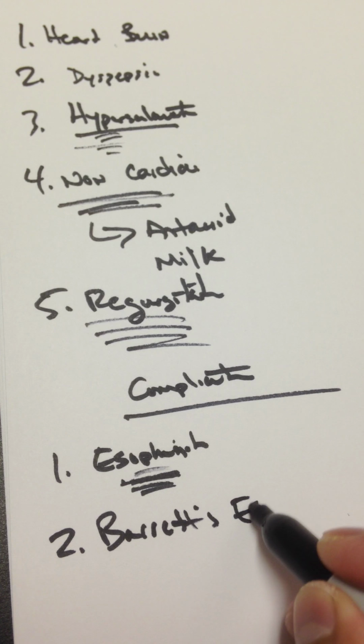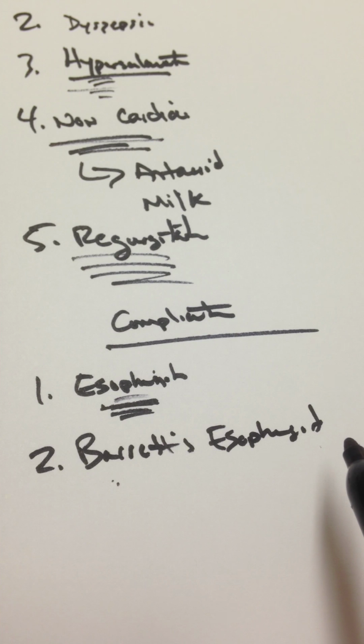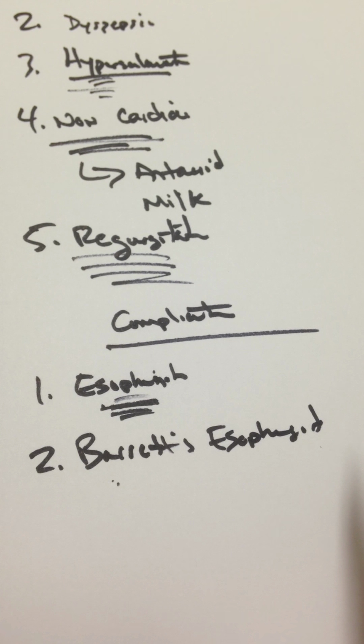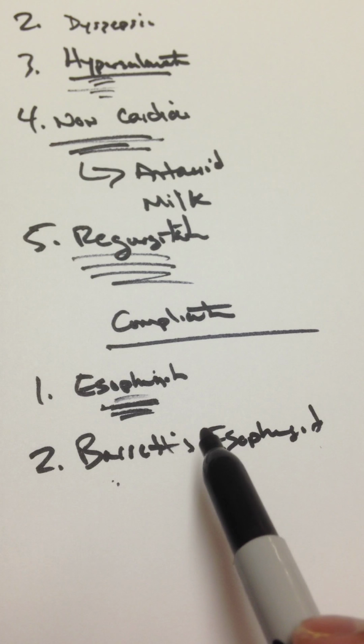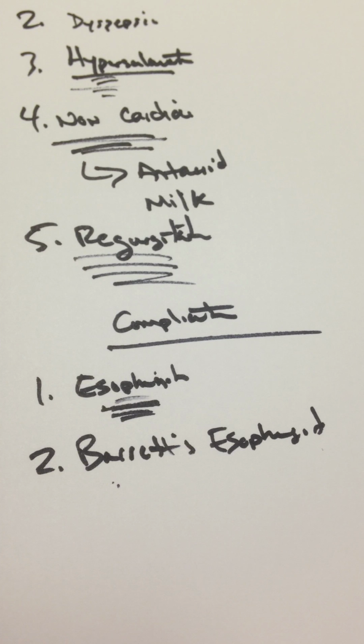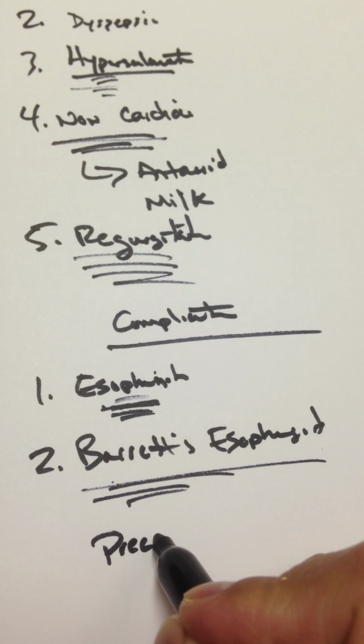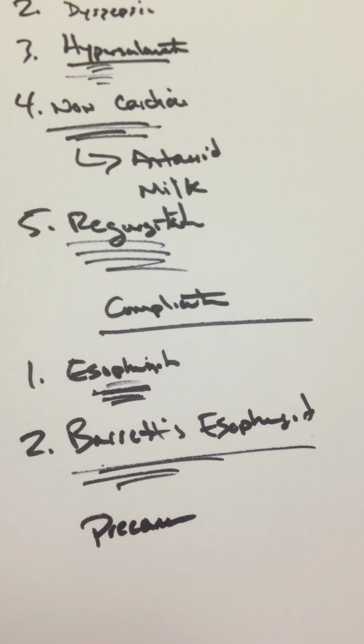Again, Barrett's esophagus is just, long story short, a change in the esophageal lining, because that acid is going to be repetitively affecting the esophagus, and over time the lining will change. Now, if that occurs, again, you have Barrett's esophagus, and that is a precancerous state.